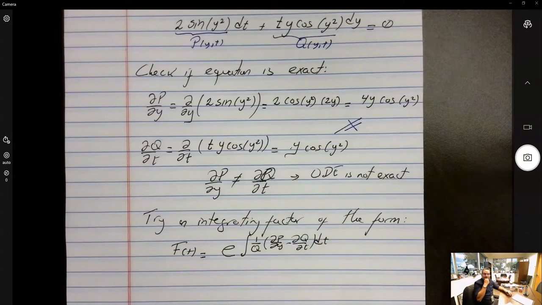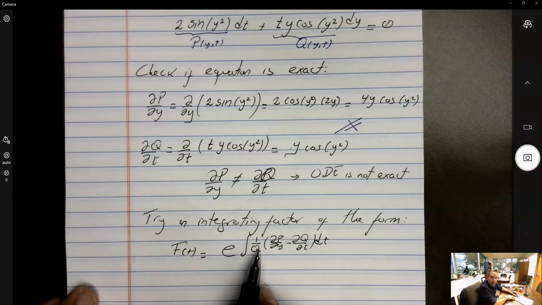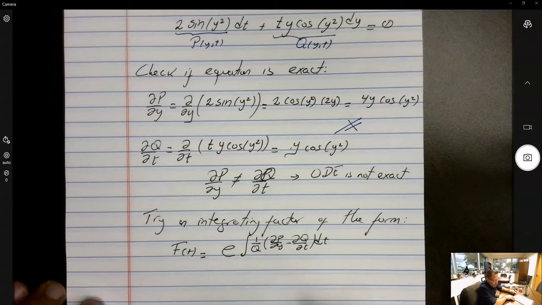All right. So this is e to the power of this integral, not e times this integral. So let's see if it works. If it happens to end up being a function of t only, then this integrating factor works. If not, we try the f of y, which will be 1 over P. Well, we can do that from the equation that we demonstrated a bit ago.